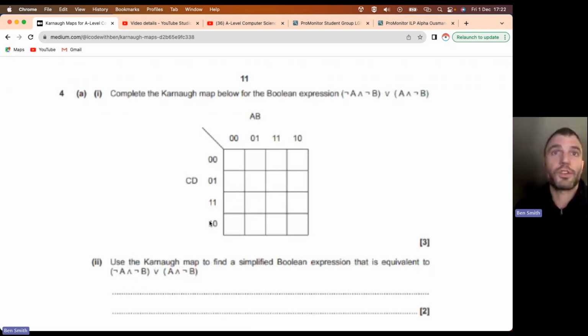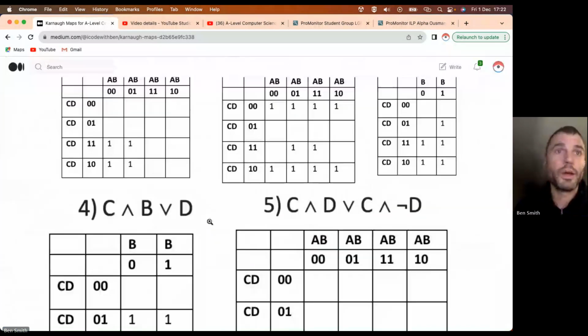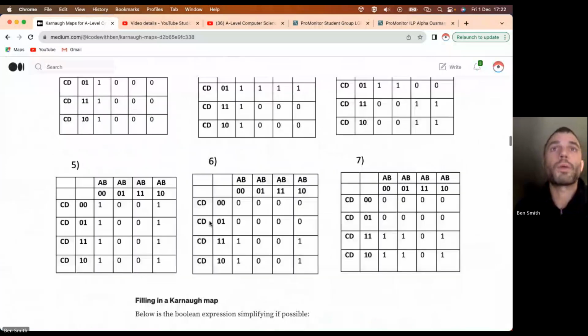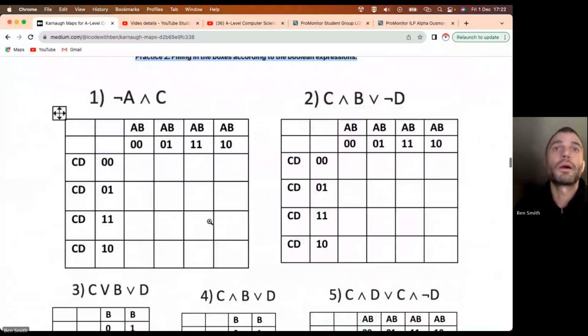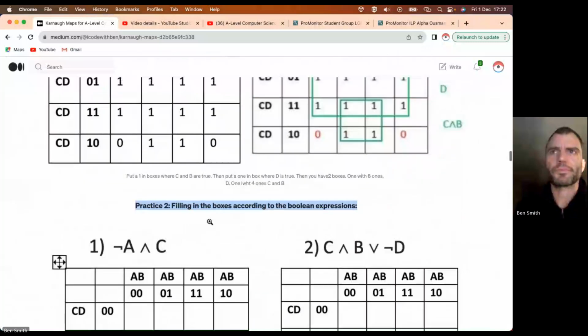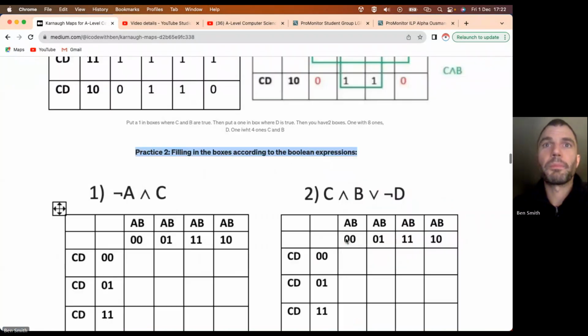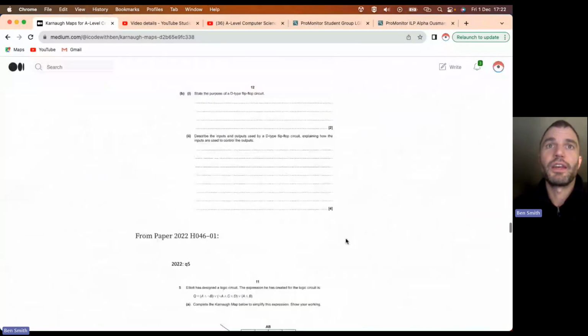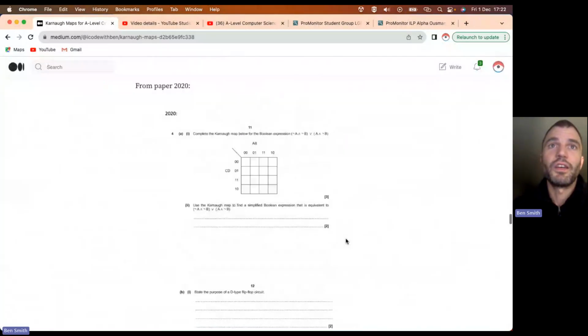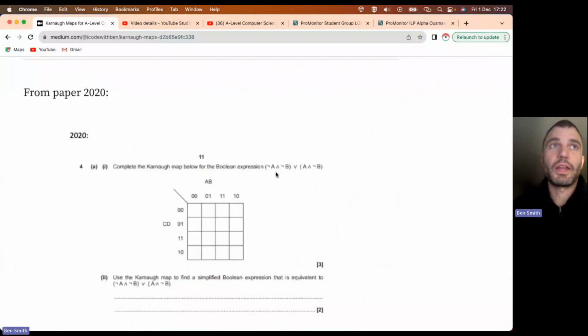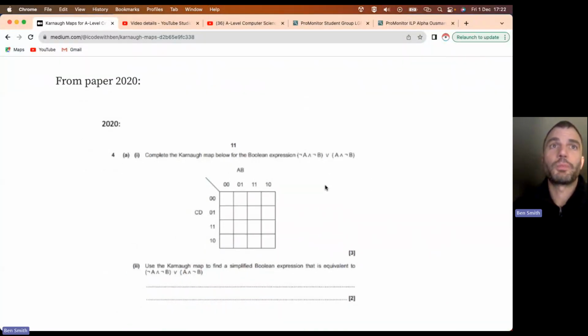So, for example, in this example up here, this one couldn't be simplified anymore, really. It's D or C and B. There's no way you can actually simplify that. But in this question here, they're suggesting that this Boolean expression could be simplified more.